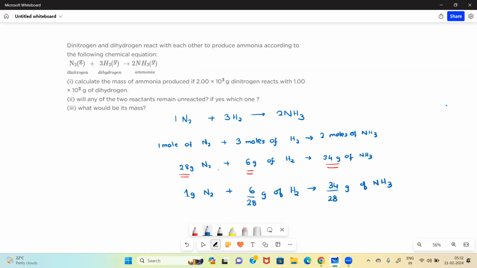Now we want 2000 grams of dinitrogen to react. So I just multiply the entire equation by 2000.